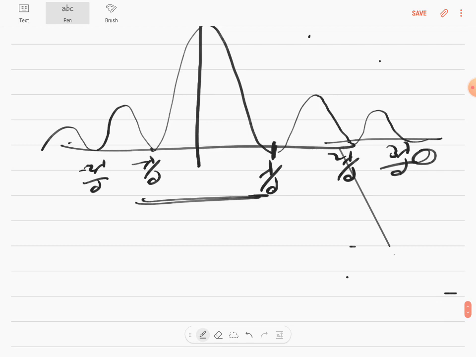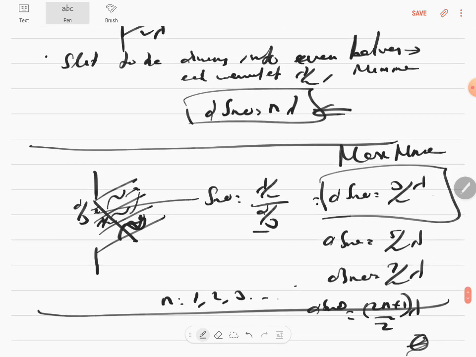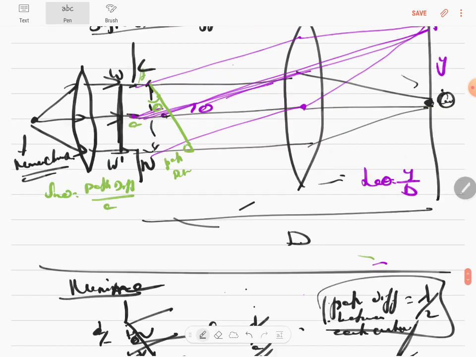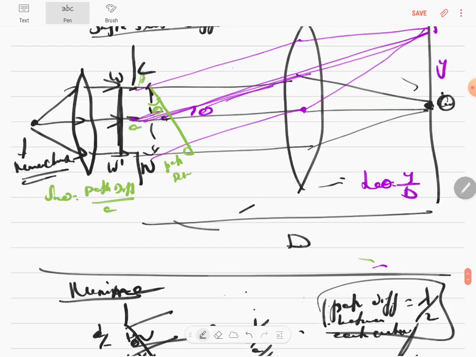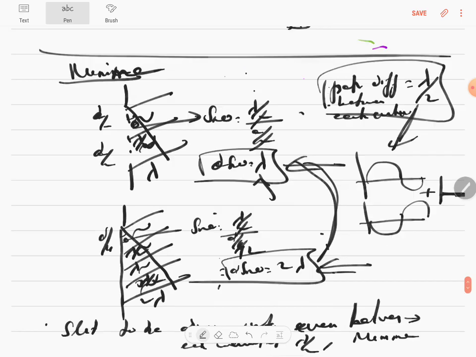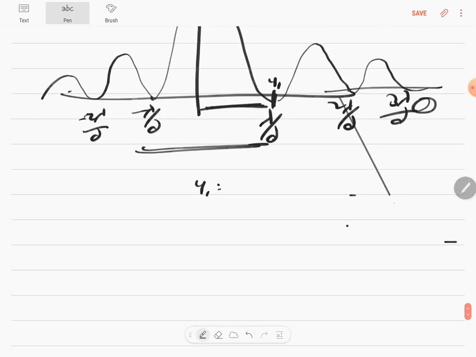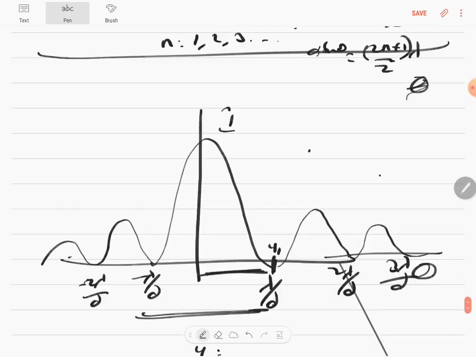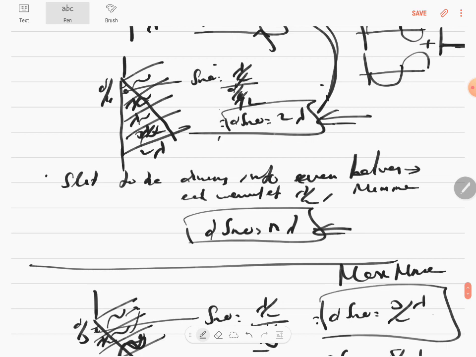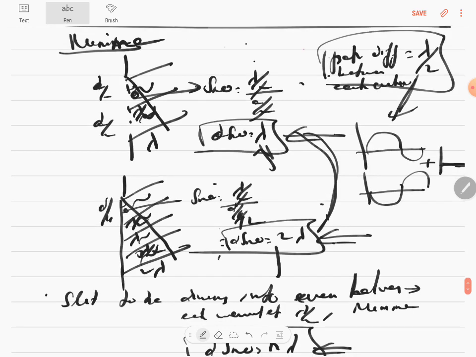And to explain the width of the central maxima, you know this position y1. What is y1? You already know tan theta is y by capital D. And sin theta for the first minima is lambda by d.